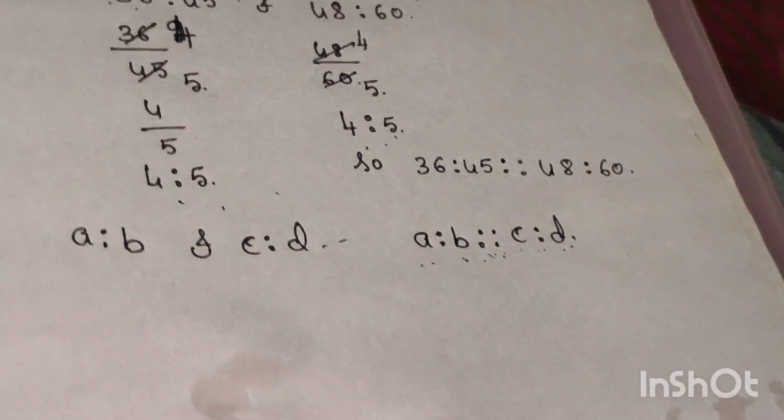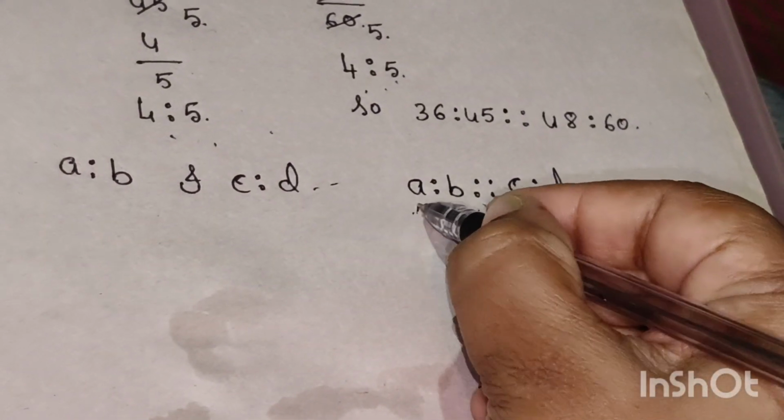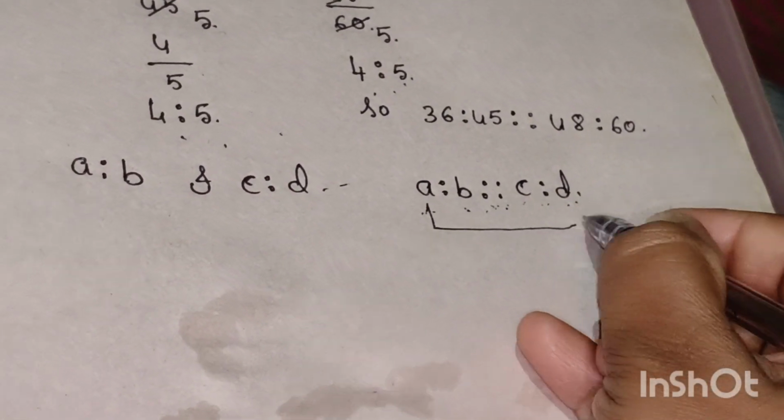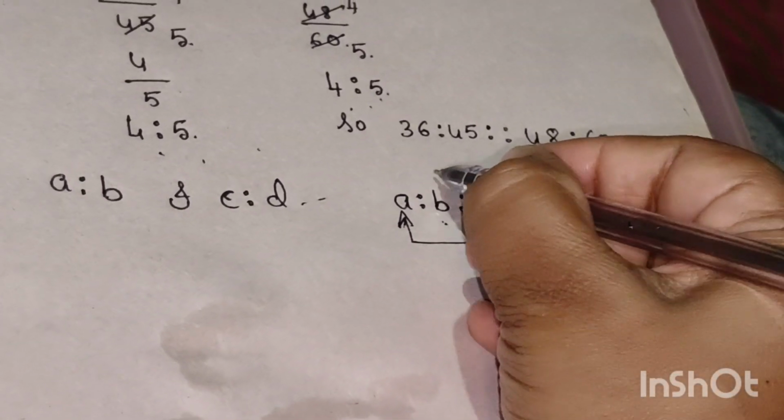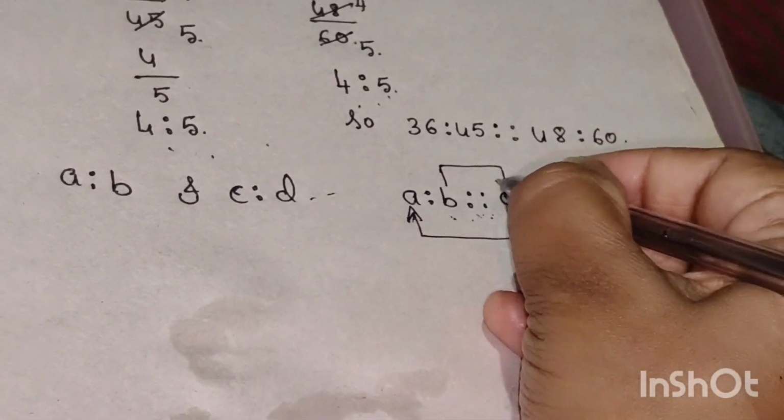Got it? So in this, the end numbers means A and D. These are the end numbers. Which are the middle numbers?